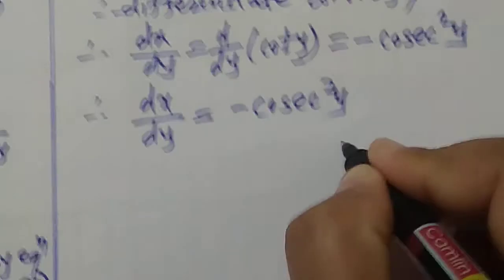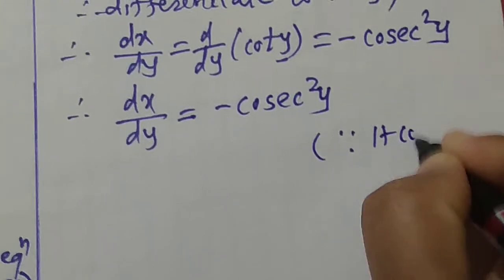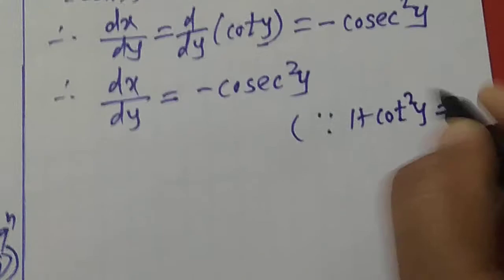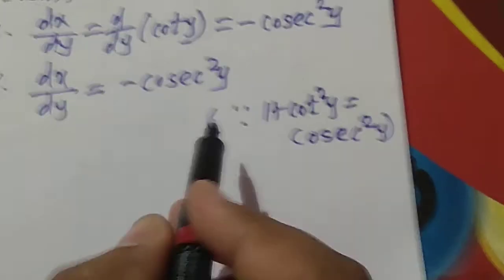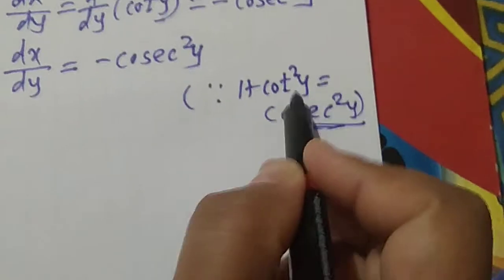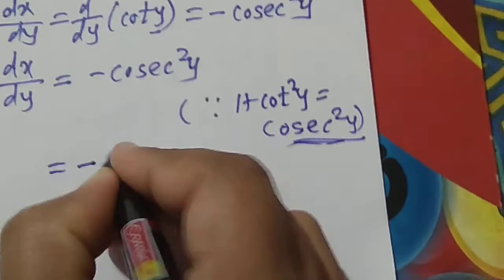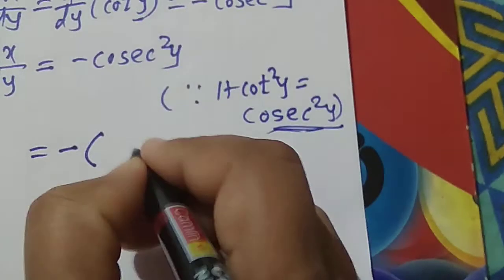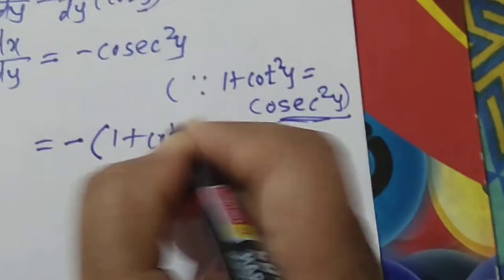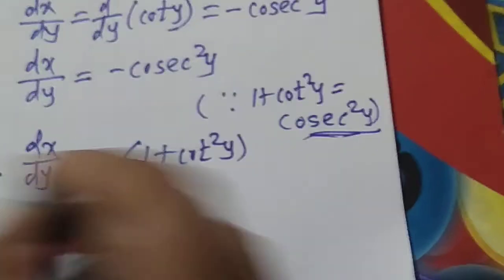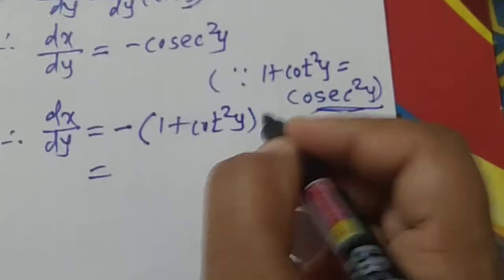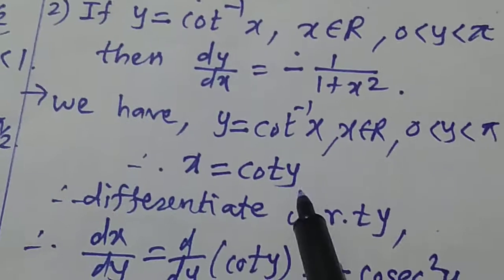But we know the identity 1 plus cot square y is equal to cosec square y. So here we can put the value of cosec square y, that is 1 plus cot square y. So here minus in brackets cosec square y means 1 plus cot square y, but cot y means here x is equal to cot y.